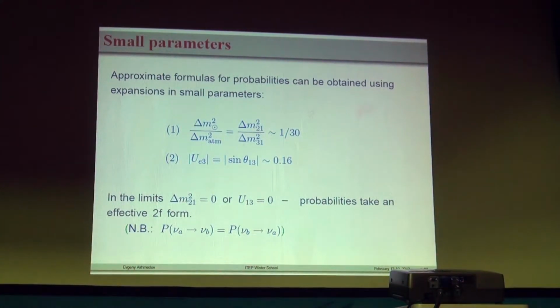And in addition, if we really want to have very accurate expression of the oscillation probability, you have to take into account all three-flavor effects. And now we are in a situation in which we are interested in very precise data. Neutrino physics entered the era of precise measurements. We have now very precise results for the neutrino parameters. And in most cases, we cannot ignore the three-flavor nature of neutrino oscillations.